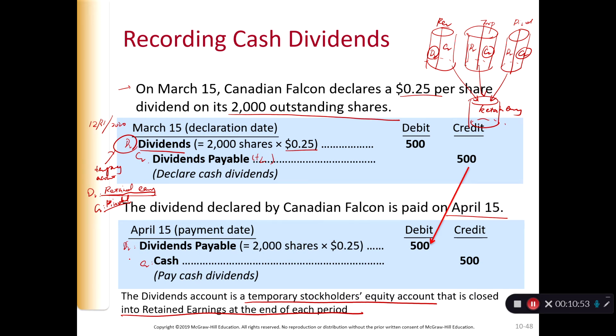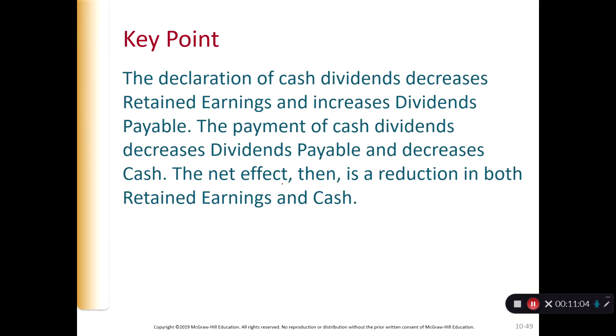So that's why the dividend account is a temporary stockholders' equity account that is closed into retained earnings at the end of the period. Okay, so the key point here is that on the declaration date of the cash dividend, it will decrease retained earnings and increase dividend payable. On the payment date of the cash dividend, it will decrease the dividend payable and decrease cash.